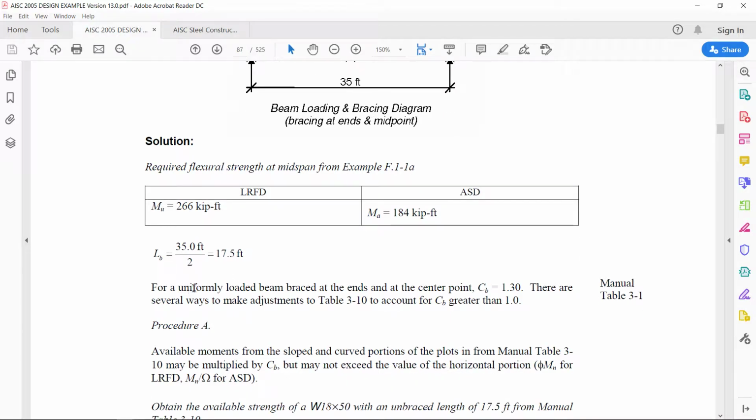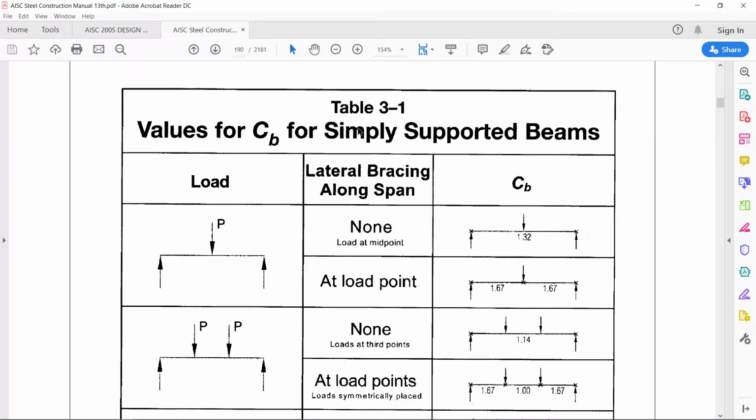Now for a uniformly loaded beam braced at the ends and at the central point, CB is 1.30. This is from manual table 3-1. So let us see what conditions are given in manual table 3-1. So here is table 3-1, the value of CB for simply supported beams.